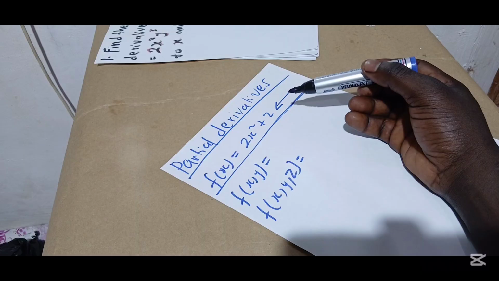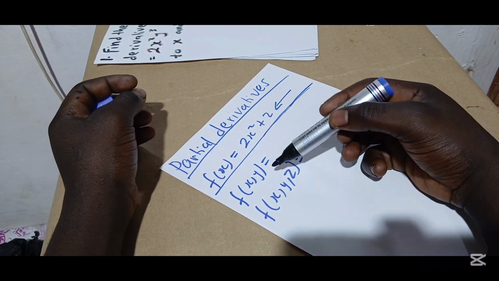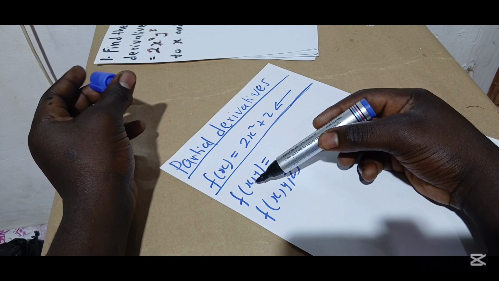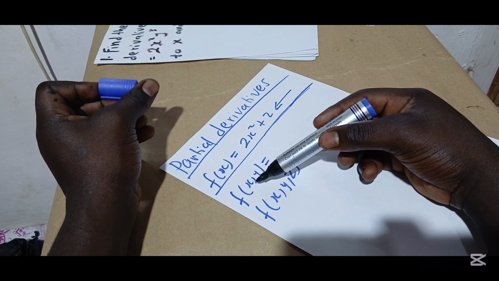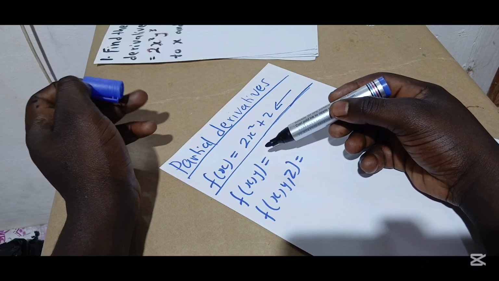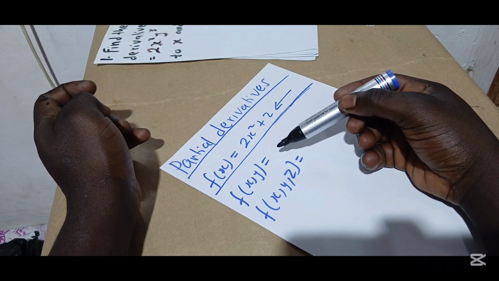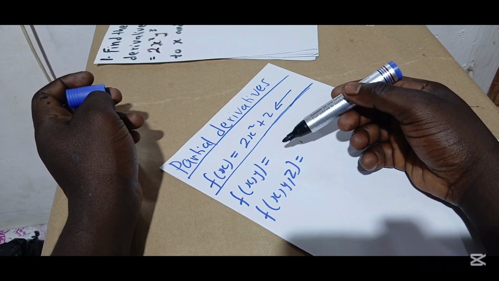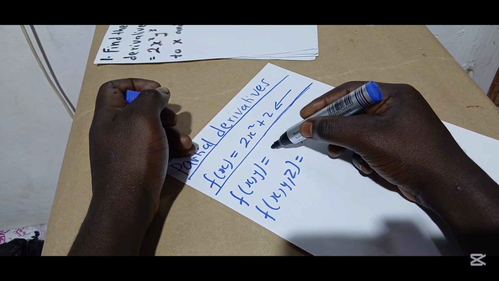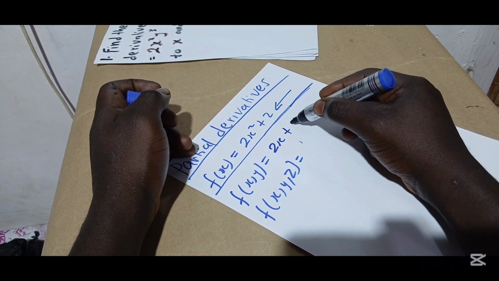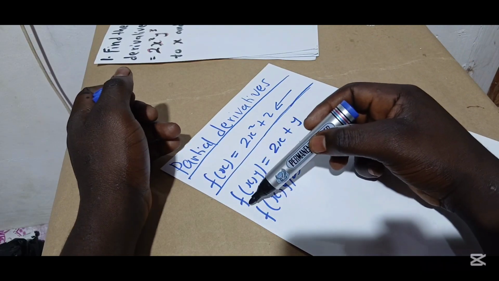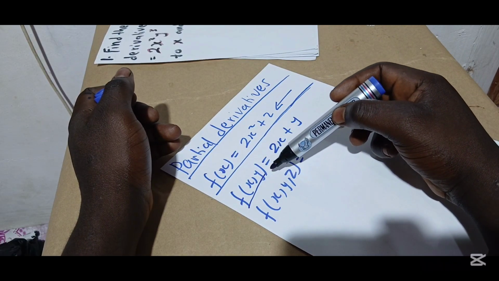In this case, let's say we have the area of a substance that depends on the length, the width and then the height, which are x and y. We want to know what will happen to the area of that substance if we vary only the length. Let's say this is a rectangle.